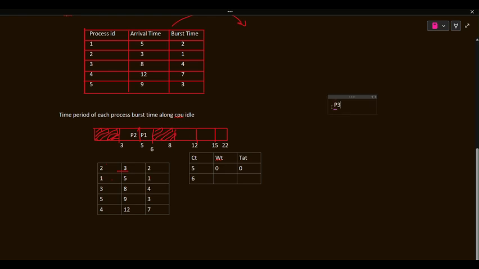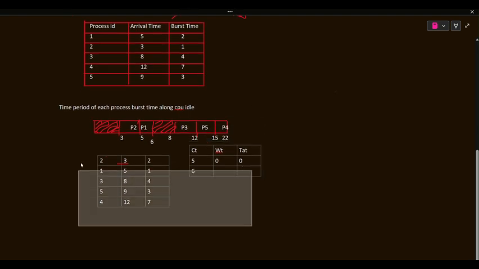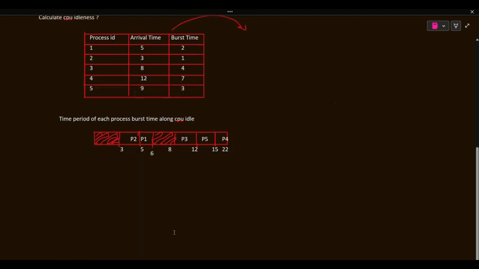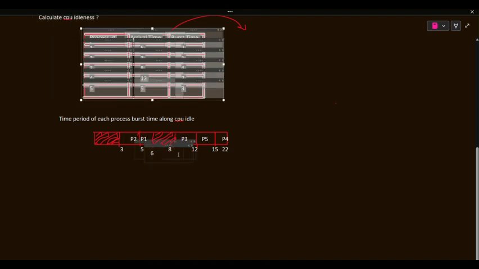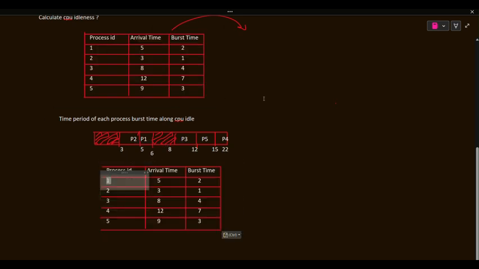Then after, process 3, then process 5, and then process 4 has been executed. Let's remove all of this and write the completion time, turnaround time of each process over here.